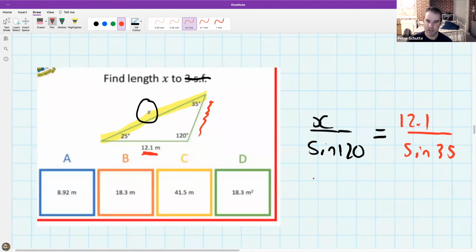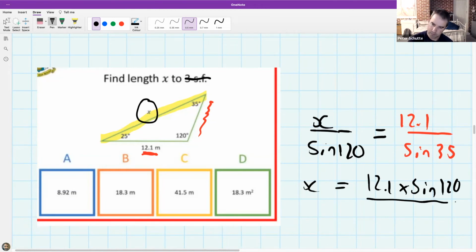Then in order to get my final answer, I need to move the sine of 120 across, and I'm going to get 12.1 times the sine of 120 over the sine of 35. Sine of 120. And you should get, oh wait.